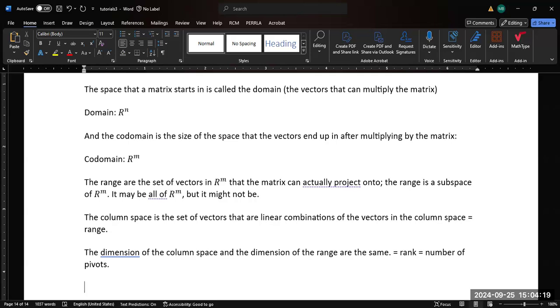Now, so far we haven't said anything about pivots because that hasn't been provided to us, but that is now another component.